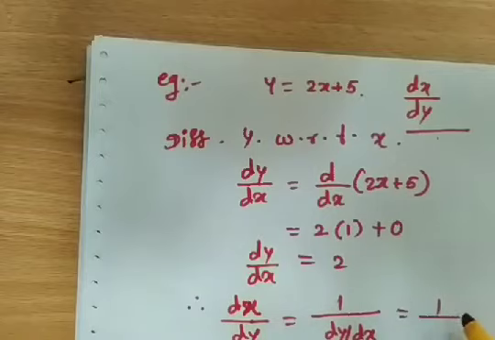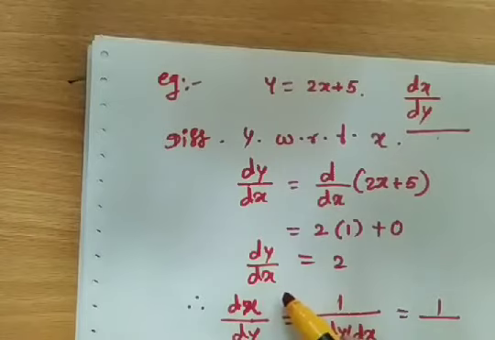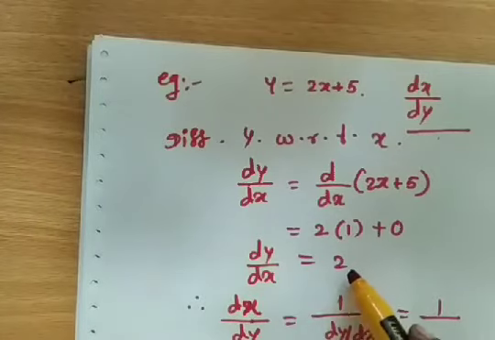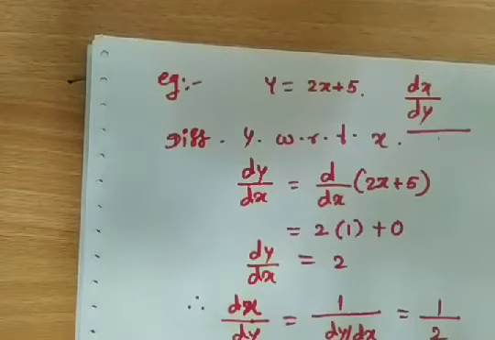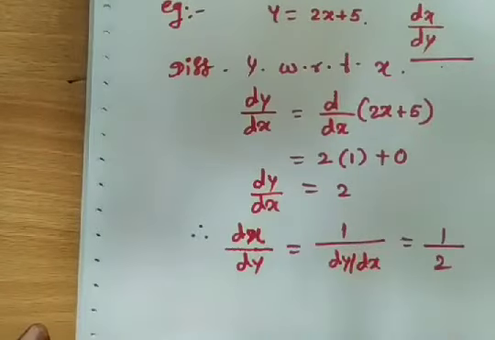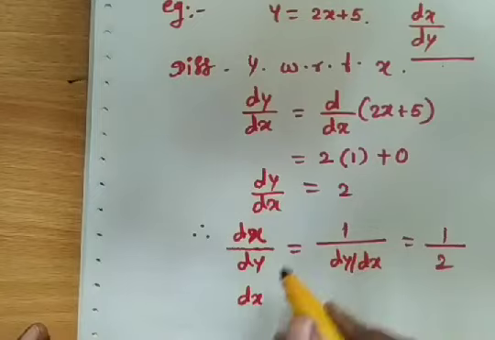We have already seen that the value of dy by dx is equal to 2. Putting it here, it becomes 1 by 2. This is dx upon dy, the derivative of the inverse function of the given function.